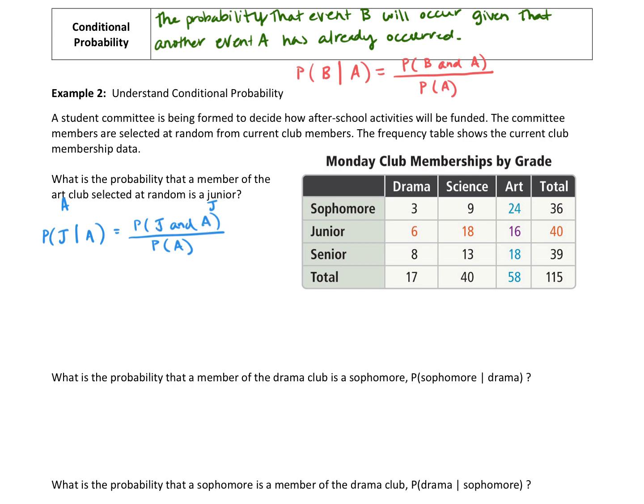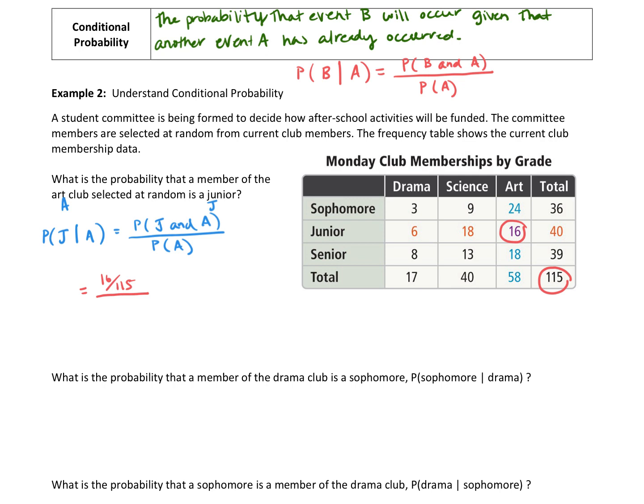Well, if we look at our table, how many students are juniors and in art club? There are 16 of them. So I'm going to go ahead and circle that 16 out of how many total students? 115 students. So the probability that a student is a junior and in art club, excuse me, is 16 out of 115.